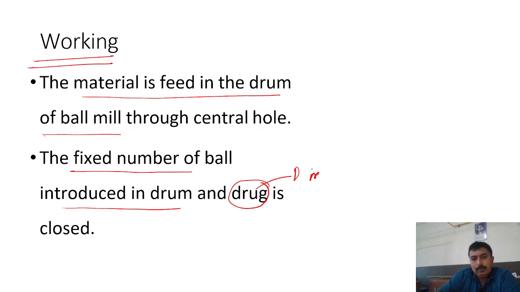Powder material is loaded first, then the balls are loaded, and then the drum is closed with the help of a lid. So this ball mill is a completely closed mill. That's why it is used, because it avoids the chances of dust generation and contamination.